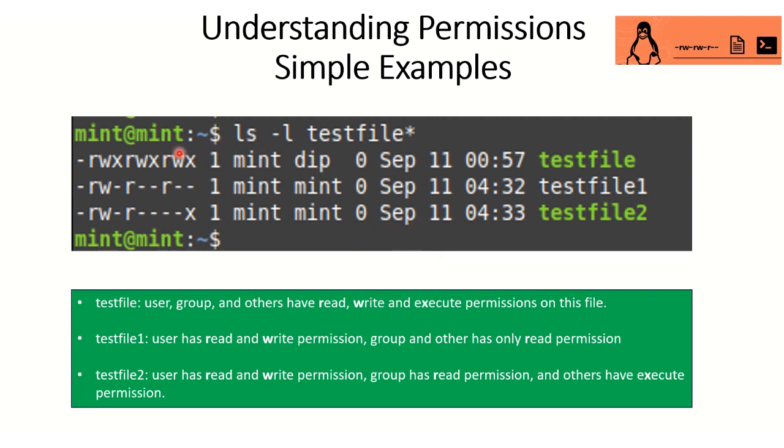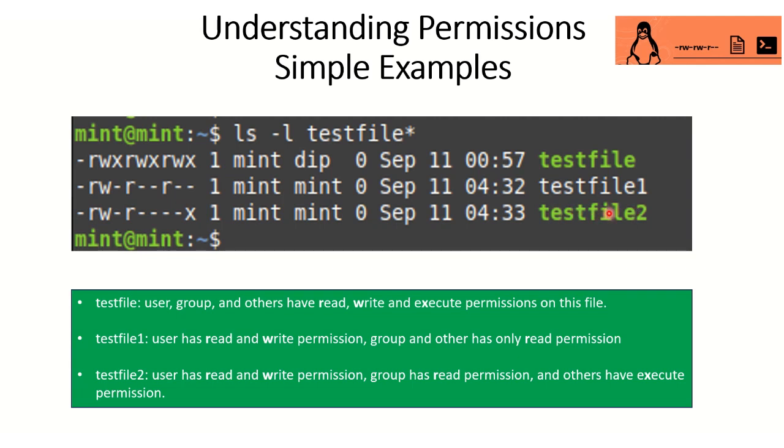I have listed here 3 files with different permissions. The first one, that is the test file, has its user, group and others all have read, write and execute permission. The second one, test file 1, shows that user has read and write permission but group and other have only read permission.